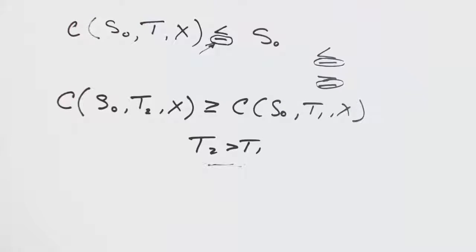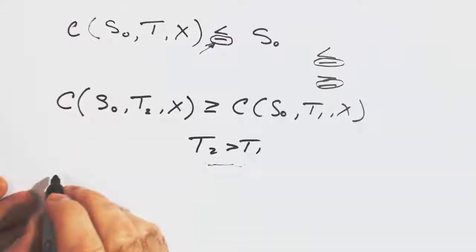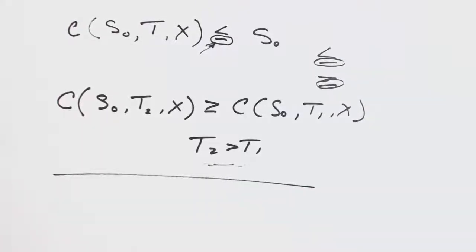Okay, let's look at the effective exercise price on a call. Now, the lower the exercise price, the more valuable a call option is. Because remember what an exercise price is when you hold a call. The exercise price is the price that you're going to pay for the stock if you exercise the option.